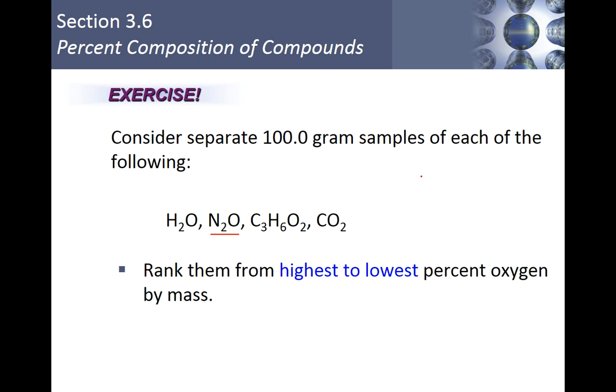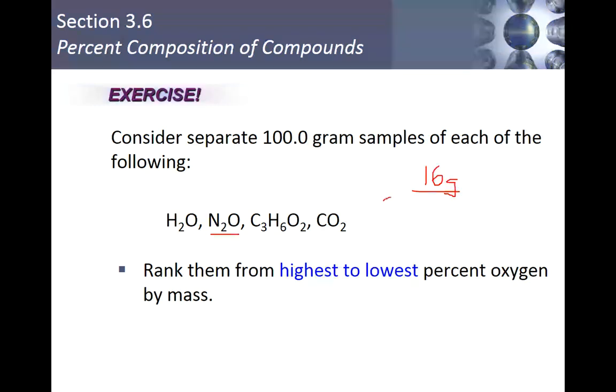Looking at this, you only have 1 oxygen atom present, so you have 16 grams, and then you would calculate the total molar mass that is present right here. I know that nitrogen has a mass of 14.007. I'd multiply that by 2.